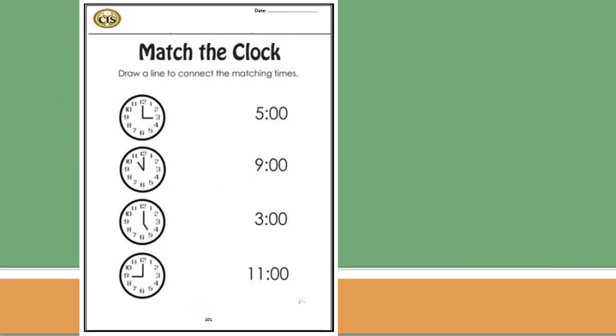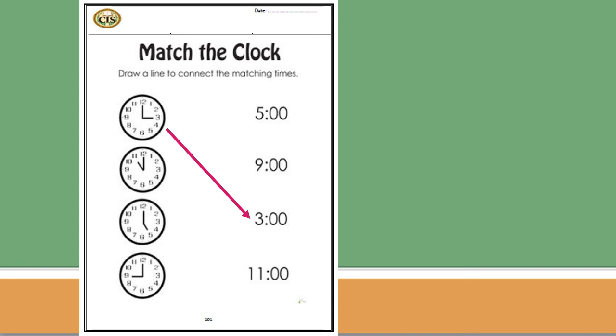Let's match the clock. Here in the first clock, the short hand points to 3 and the long hand points to 12. So it means what? I will match what here? It means 3:00. 3 for hours and 00 for minutes. Okay, here the short hand points to 11 and the long hand points to 12.